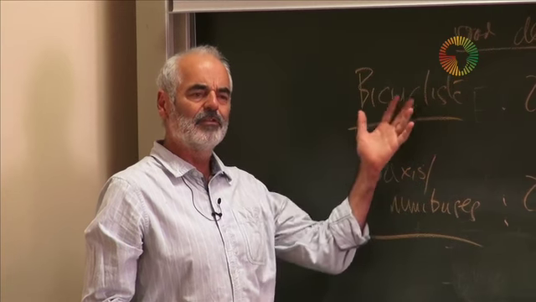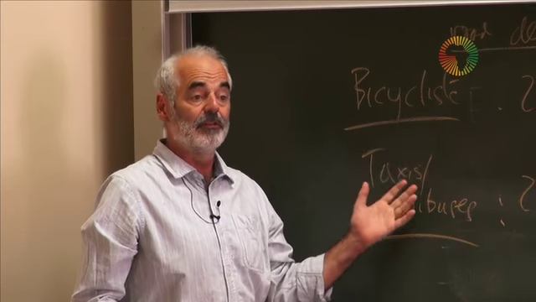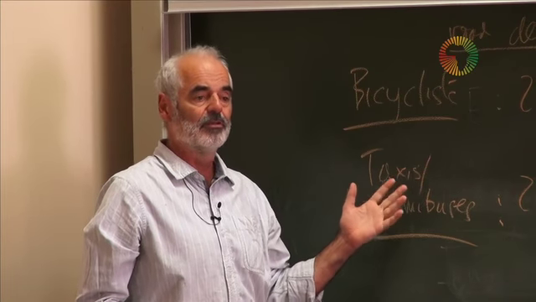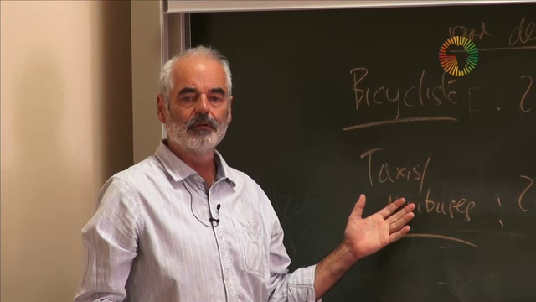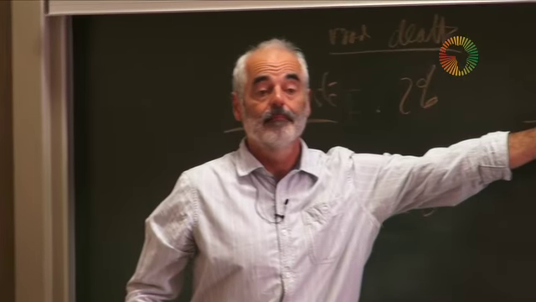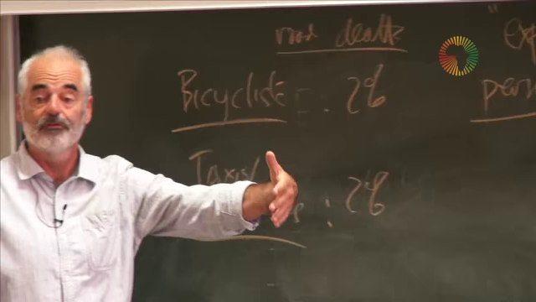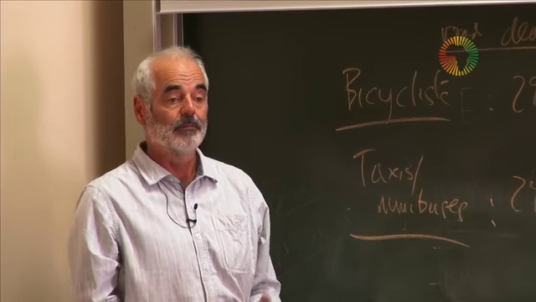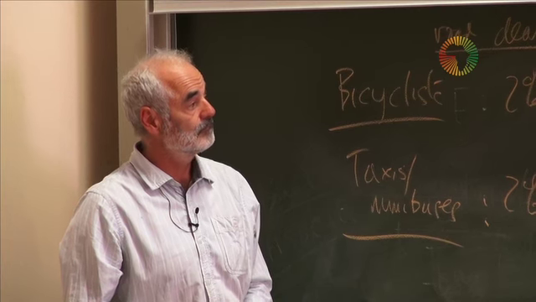Does that make sense? That you need to know how many people are doing these things in order to say which one's more dangerous than the other. And so typically on transport, you do it per mile. You say how dangerous are things per mile, and compare transport like that.